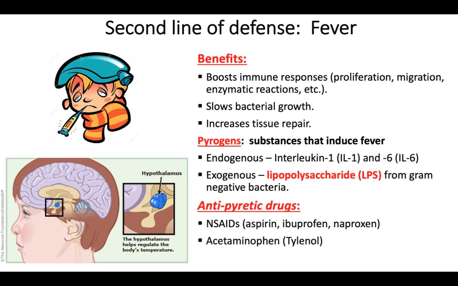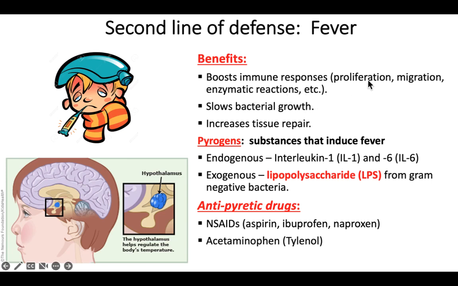Fever. Fever is a lot like inflammation in that you want to separate a good fever from a bad fever. A bad fever is if it persists for a longer period of time, or if the temperature is very extreme. But a normal fever is actually a good thing. It provides a lot of benefits. It's going to boost the immune responses. Immune cells have to replicate.